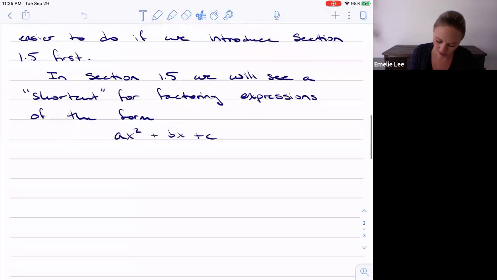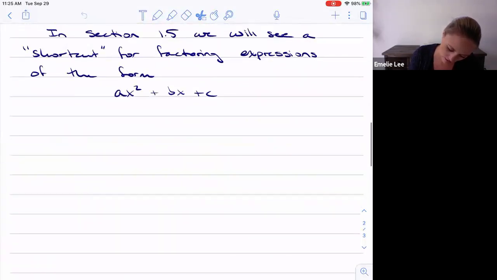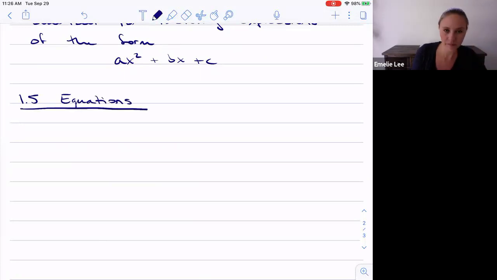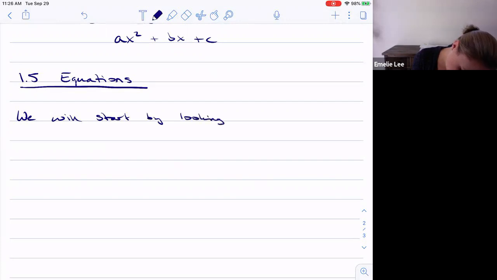Okay. So 1.5, equations. We will start by looking at solving for different variables in equations.